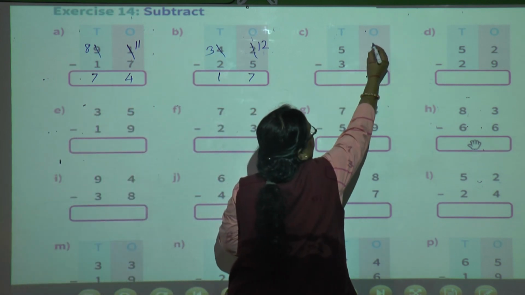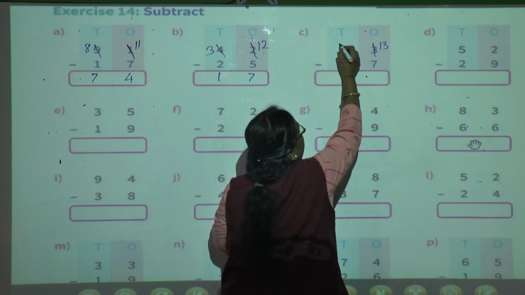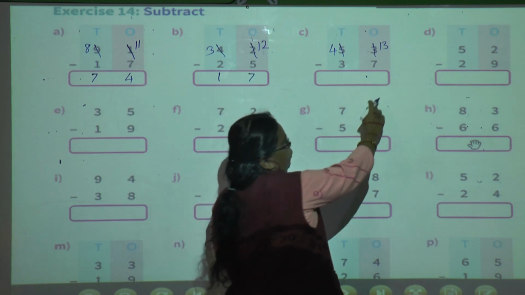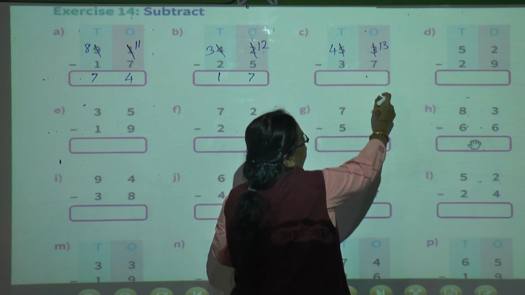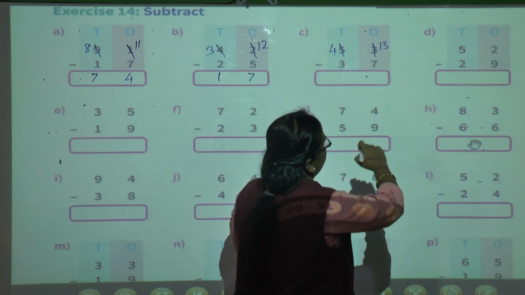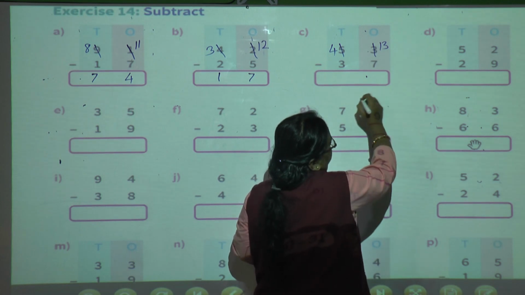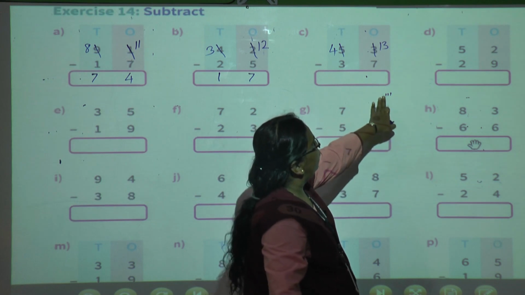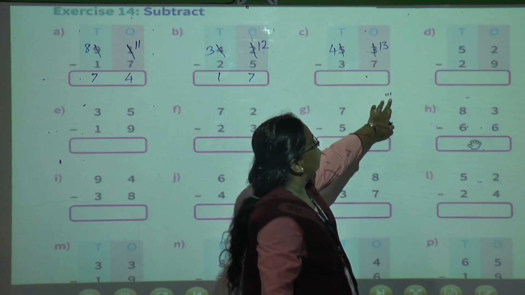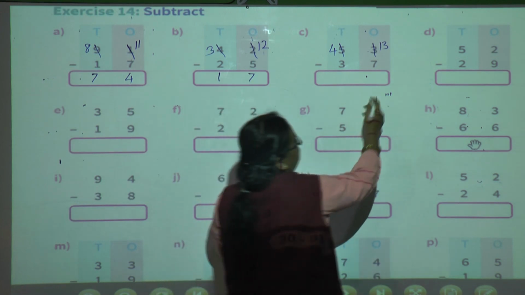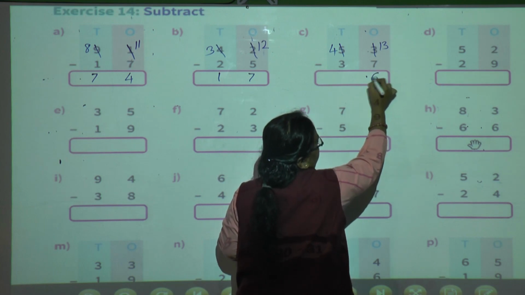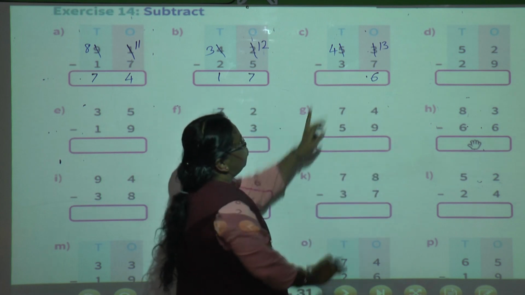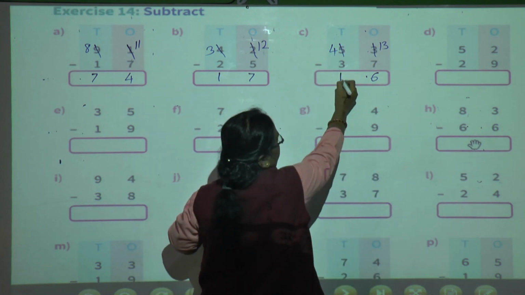Then 13 and 4. 13 minus 7: 10, 11, 12, 13. You can do the rough work also. From this 7 cut, 6 will remain. Okay, 4 minus 3 is 1.